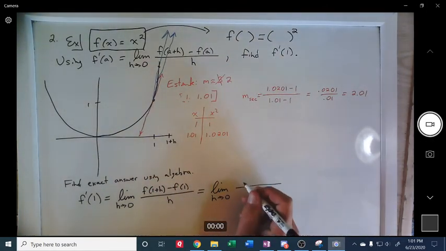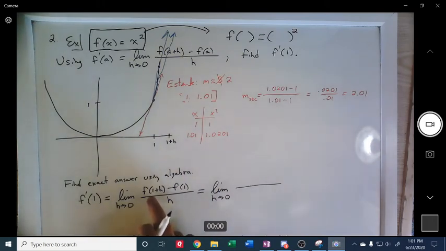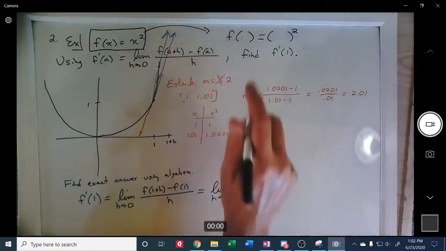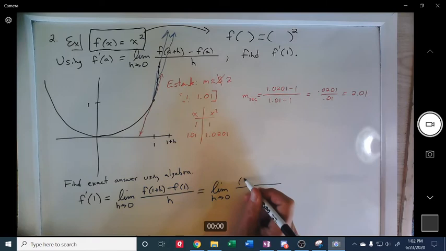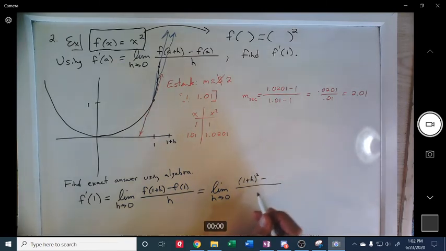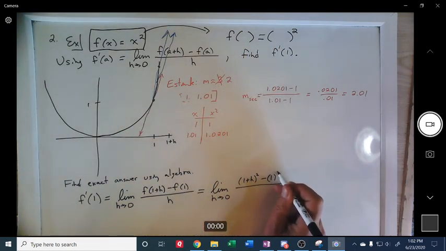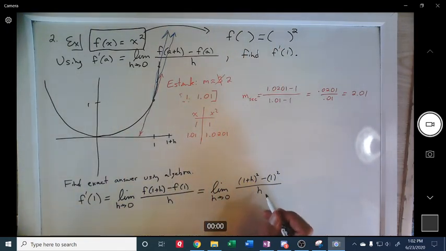Now remember we had done this before when we did those difference quotients. Sometimes we did it by writing f of 1 plus h equals and expanding it out and reducing it on the side and so on. But we can also just leave it in here. 1 plus h squared minus f of 1. 1 goes in each of those. 1 squared over h.